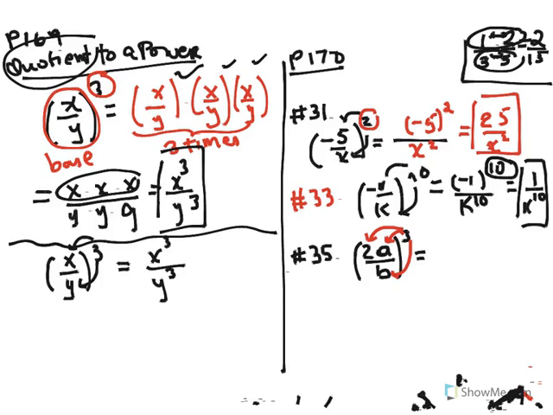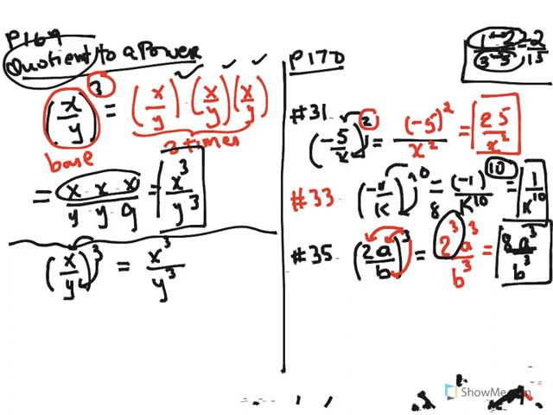So here we go. 2 to the third, right? A to the third, and then b to the third. The only thing I could do is basically substitute this 2 to the third, right? And then I have a to the third divided by b to the third. Let's make sure that we have a fraction here, and that's the answer for problem number 35.